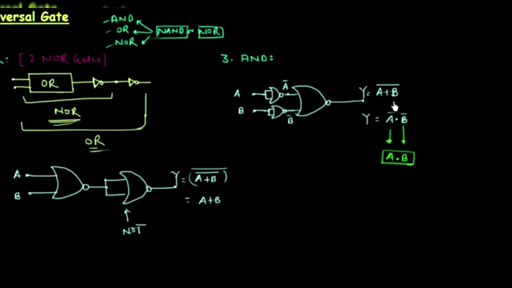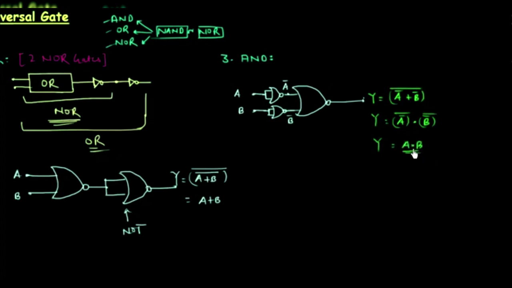Let's check what we have as the output of this combination. The output Y is equal to (A complement or B complement) and its whole complement. By using De Morgan's law, we have A complement's complement, and B complement's complement, and this will give us A and B, which is the AND operation.